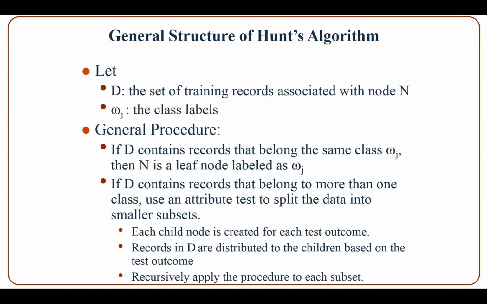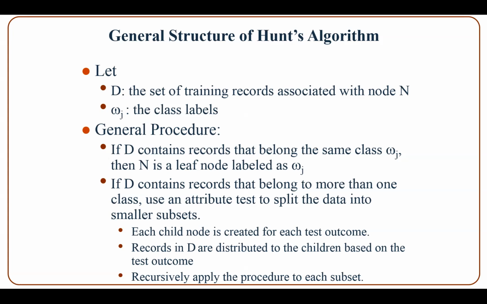In Hunt's algorithm, let D be the set of the training records associated with the node and omega j the class labels. The general procedure is if D contains records that belong to the same class omega j, then N is a leaf node labeled as omega j.